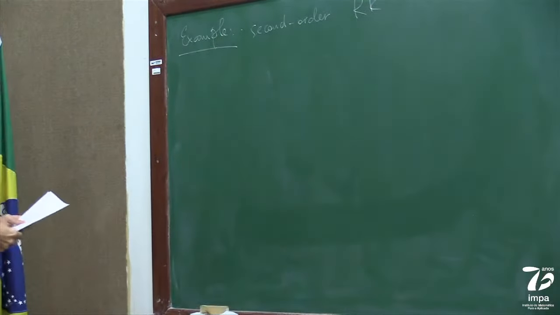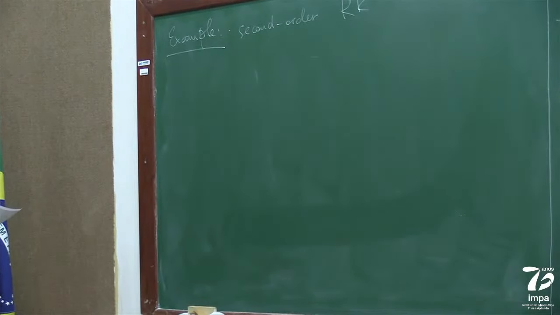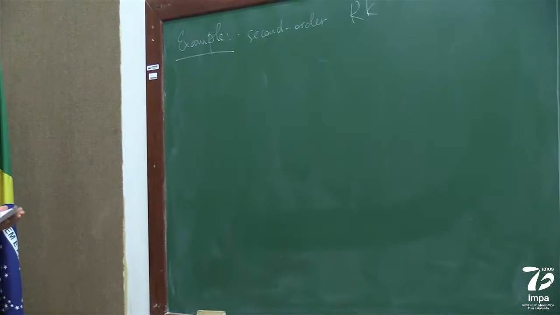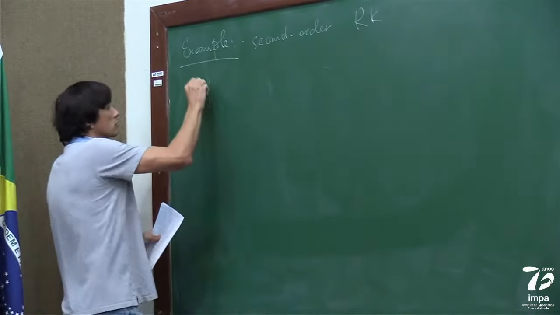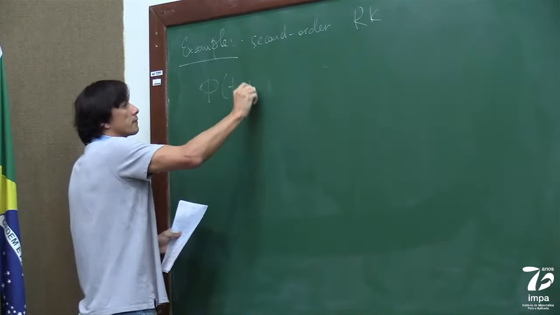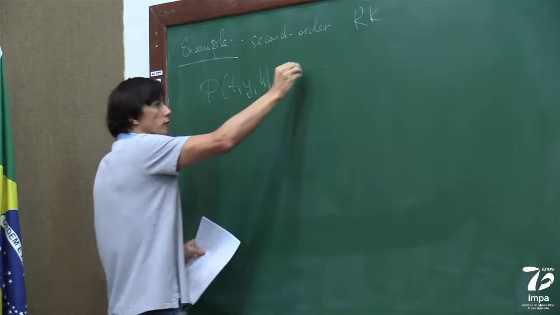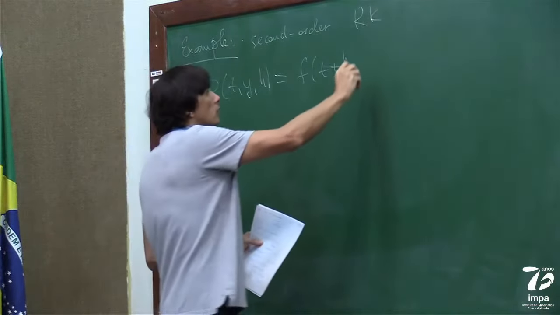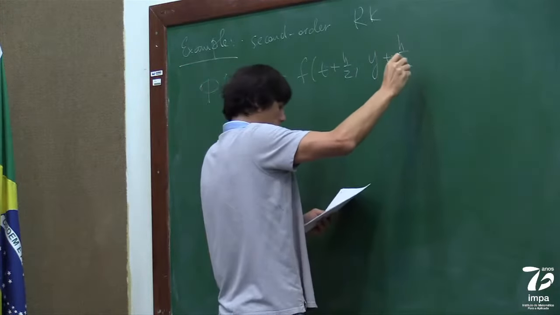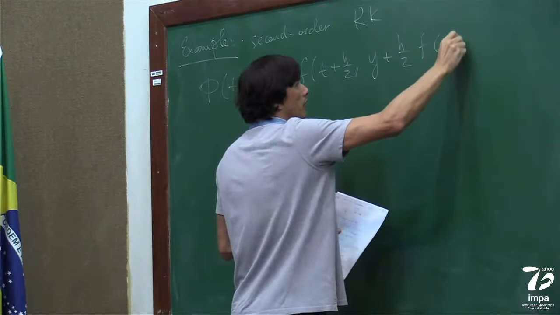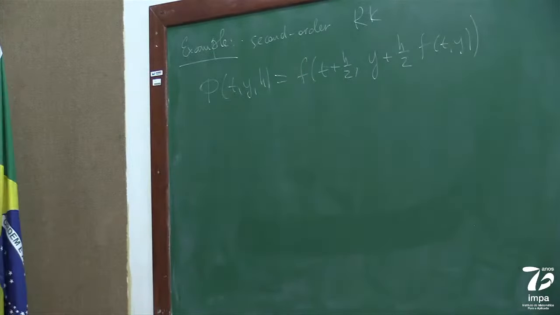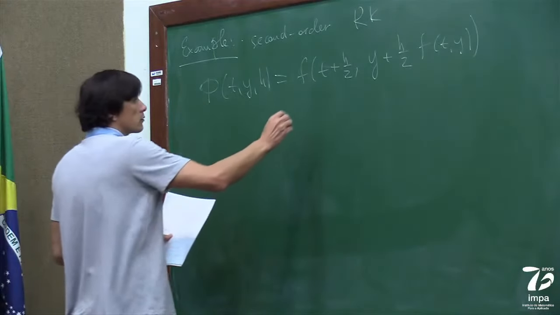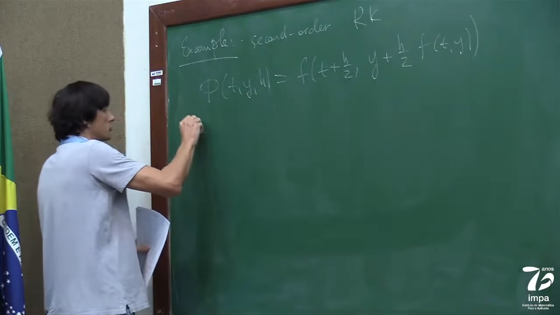We will see it in a more general way, but we already had the Runge-Kutta method that we obtained last time, which was the method for the function phi in the form of f(t plus h over 2, y plus h over 2 f(t, y)). So this was phi. And we found that it's second order, right? So let's just check all the conditions.